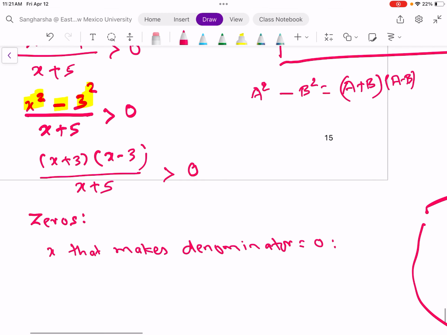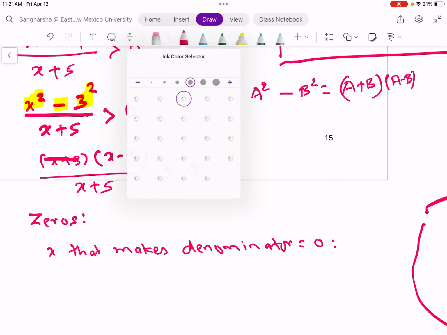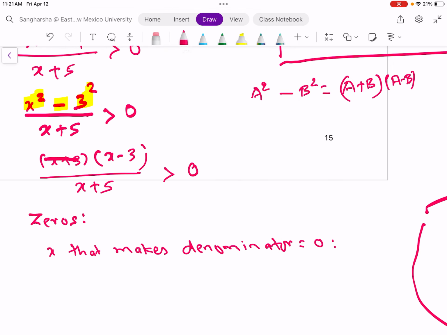Now what are the zeros for each factor? For what x value is the first factor, x plus 3, equal to 0? For negative 3.